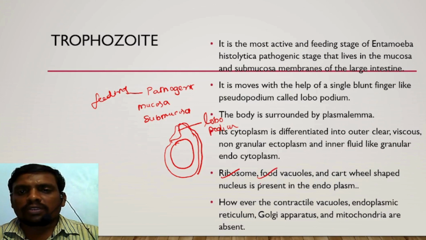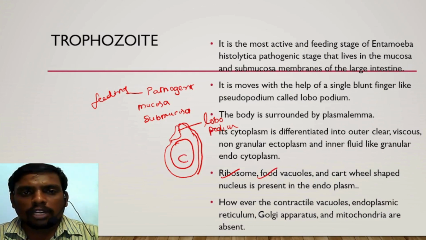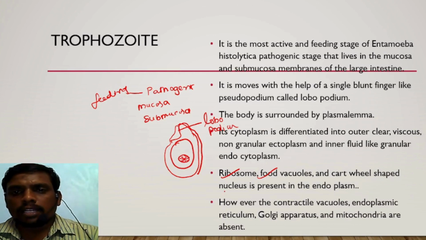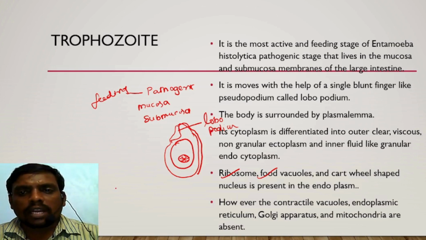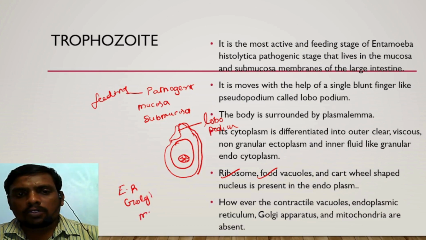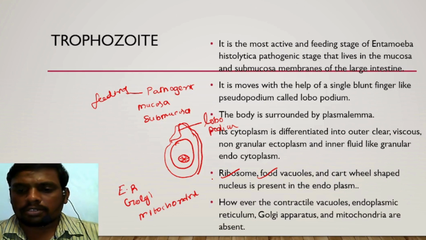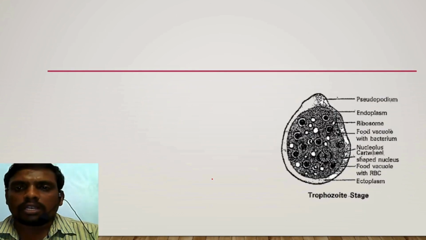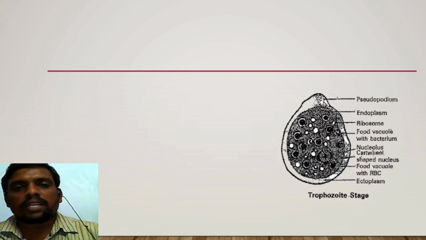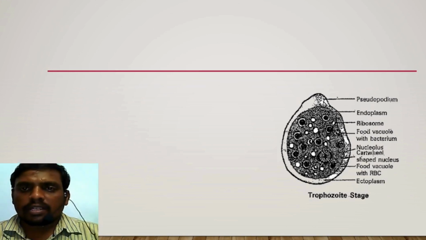Ribosomes, food vacuoles, and one nucleus, which is cartwheel shaped, are present in the endoplasm. However, contractile vacuoles, endoplasmic reticulum, Golgi apparatus, and mitochondria are absent. Due to the absence of mitochondria, it shows obligatory anaerobic character.